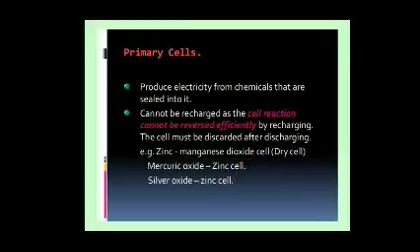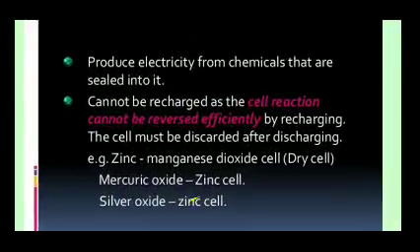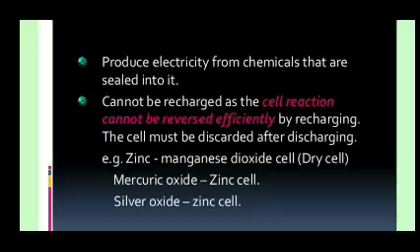A primary cell produces electricity from chemicals that are sealed into it. It cannot be recharged as the cell reaction cannot be reversed efficiently.